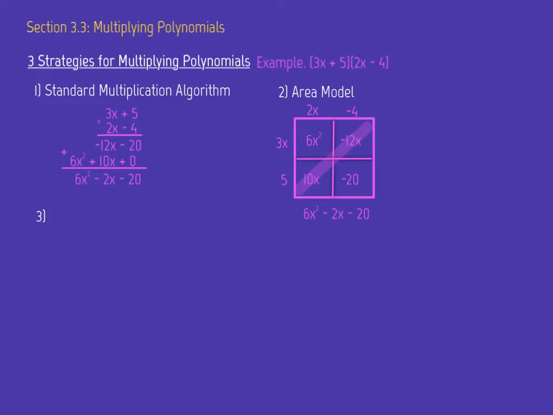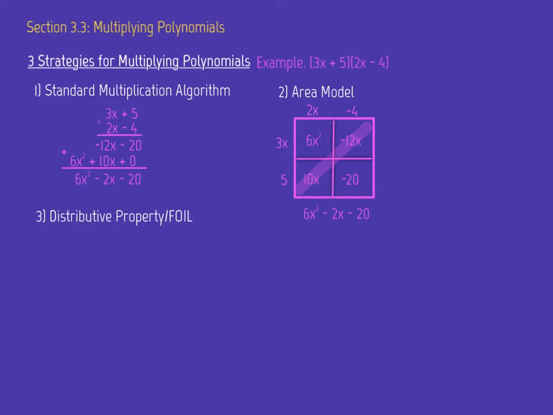I'm sure many of you have actually heard of this one, or at least some variation of it. The third strategy for multiplying polynomials is called either the distributive property or foiling. Foiling works when we are multiplying together binomials, basically two polynomials that both have two terms.